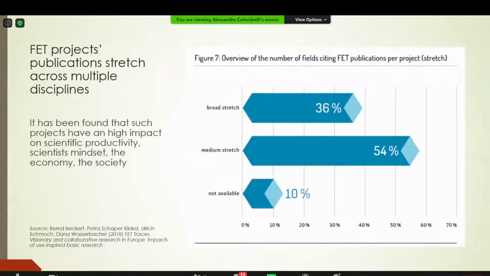But what is the impact of interdisciplinarity in FET projects, the real impact?